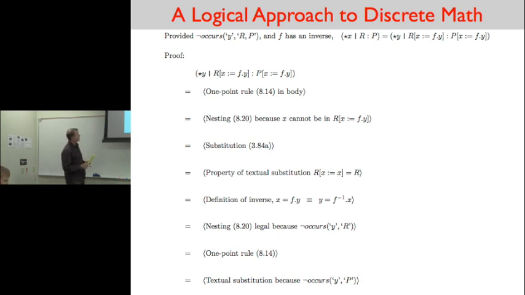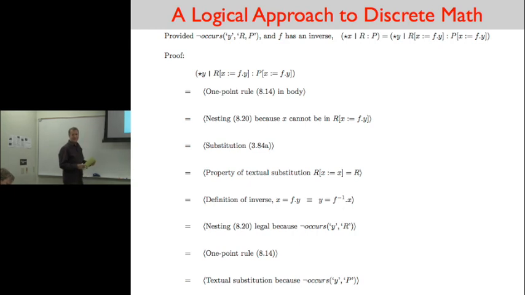I think it's a very nice proof, and we're going to start using some of these previous theorems. So the theorem is stated up there: provided y does not occur in R and P, and f has an inverse, star x range R body P is star y range R with x replaced by f dot y, body P with x replaced by f dot y.